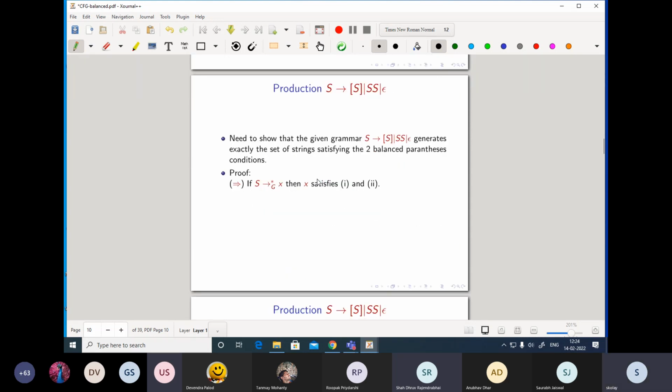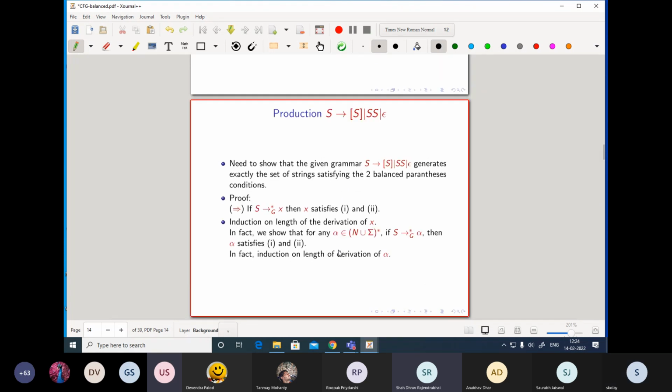So let's look at the first half of the proof. Let's look at a string X that is derived from S under this grammar G, and we want to prove that X satisfies the two conditions 1 and 2. So we will be inducting on the length of the derivation of X. In particular, we will actually be doing something more general.